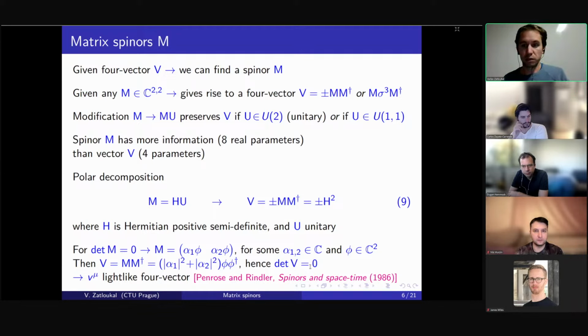So we are dealing with light-like vectors, and the direction is determined by this two-component phi, little phi, which is called a twistor in Penrose and Rindler. So then one gets to the realm of twistors to represent light-like four vectors, but this is just a special case.